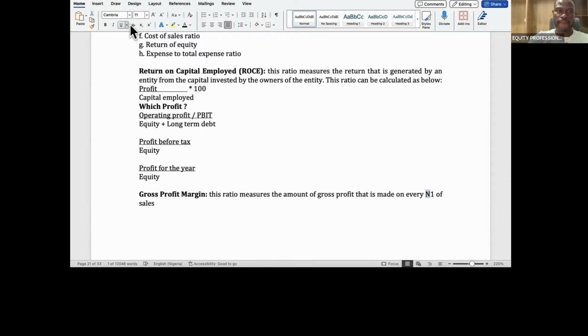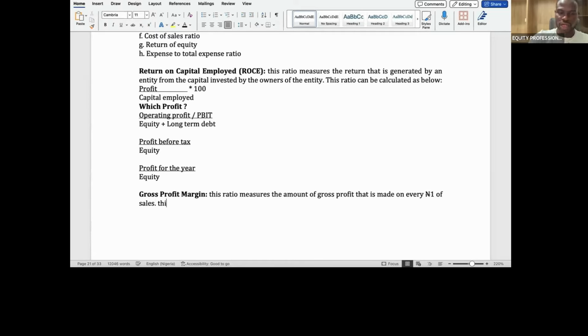So if you're making sales of 1,000 naira for a year, for example, and your gross profit is 100 naira, you have made 100 naira on your total sales, but to get your gross profit margin, you need to express that in percentage.